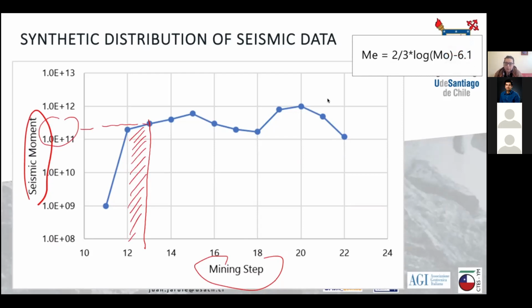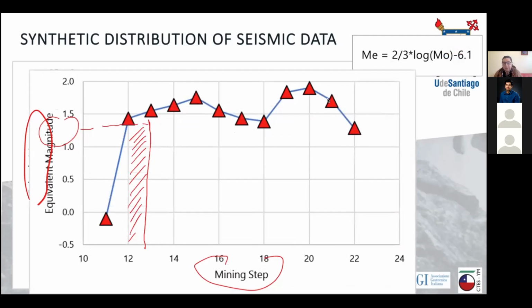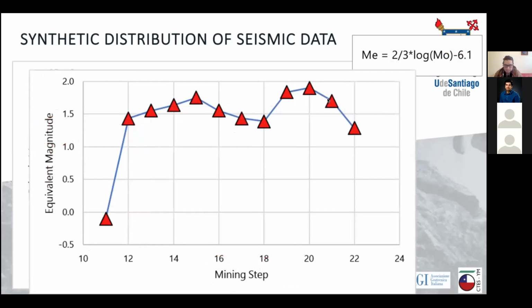I will use a very common formula that converts seismic moment to moment magnitude, and we get the same data. It gets something like this. It's the same, but it was converted to a moment magnitude. So this magnitude represents all the seismic events that occurred during this period, during this excavation step.